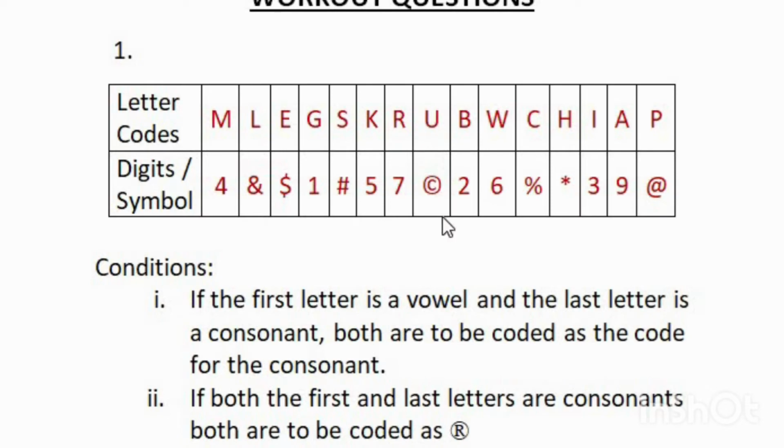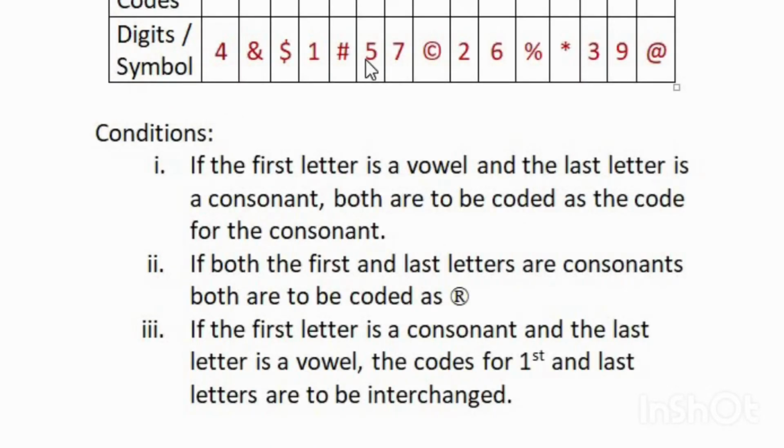Corresponding to U it is copyright, and corresponding to M it is 4. Instead of K we can write 5, and instead of E we can write dollar. So the answer is 9, 1, copyright, 4, 5, dollar.